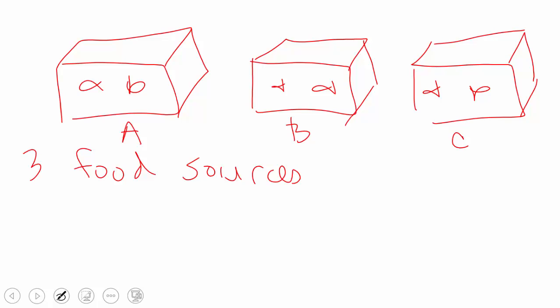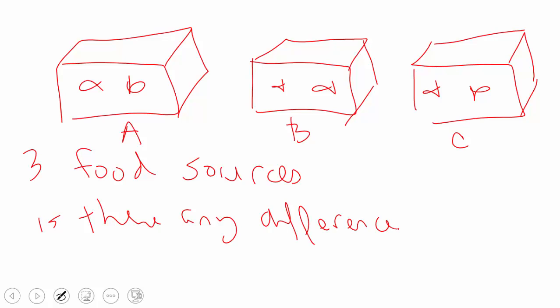What you want to do is first ask, is there any difference among A, B, and C? So is there any difference across the three different treatments? To do that we need to do what's called an ANOVA.